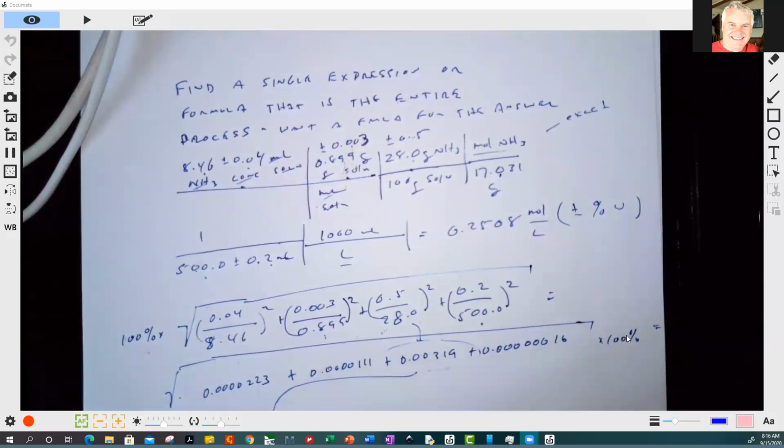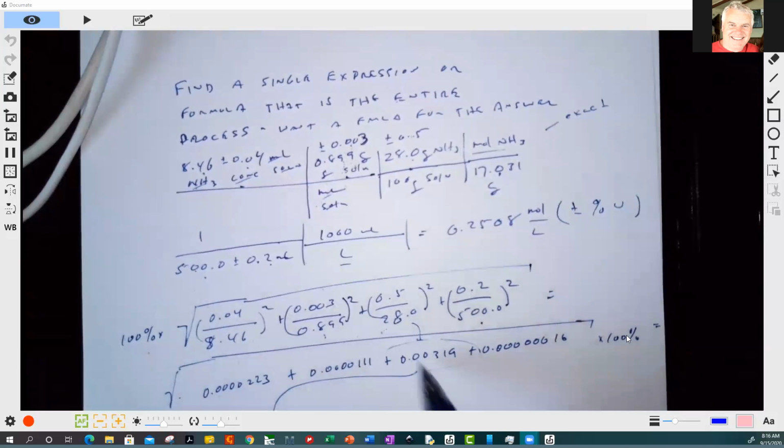This should be 0.00, sorry. This should have the same number of zeros there. I think the zero I'm missing is here. One of these guys has a 0, sorry.